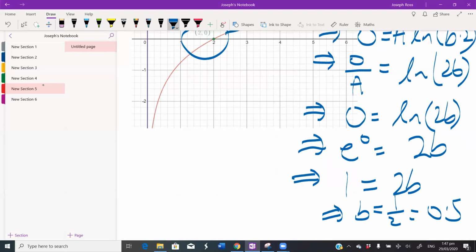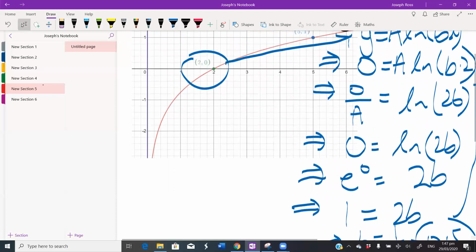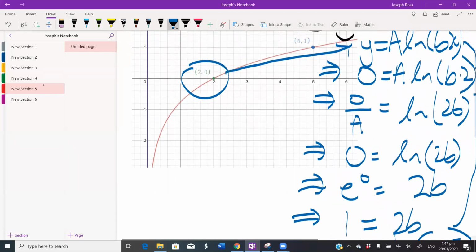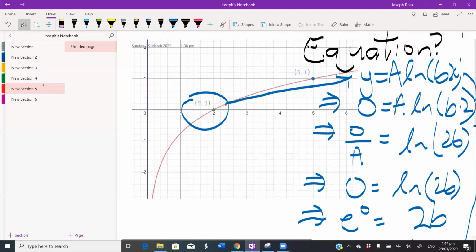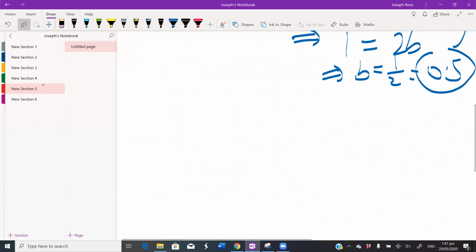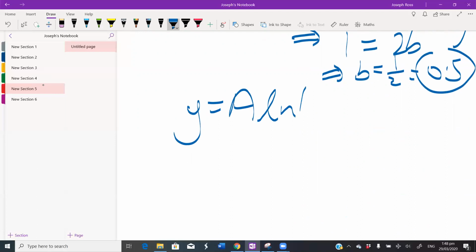Now let's put b equals 0.5 back into our original form, a ln of bx. We end up with y equals a times ln of 0.5x.